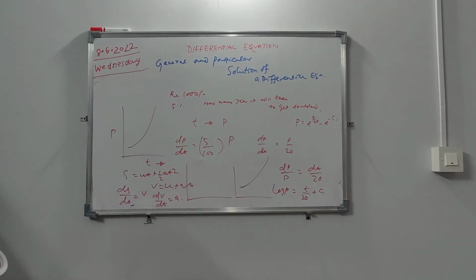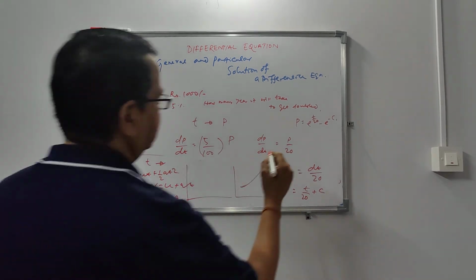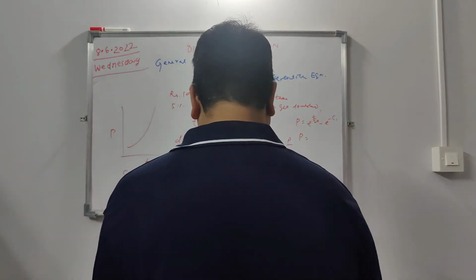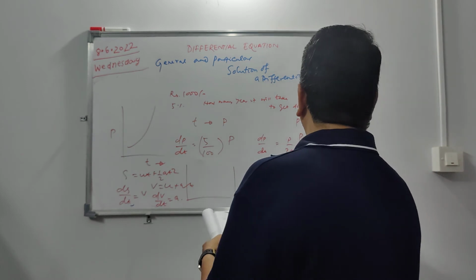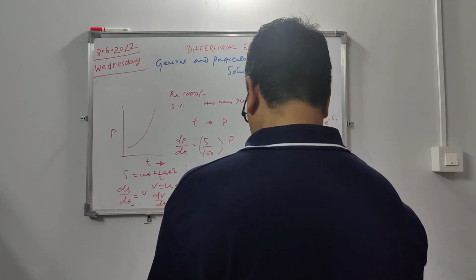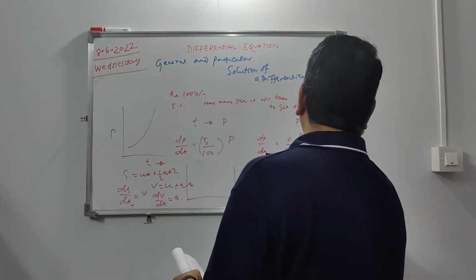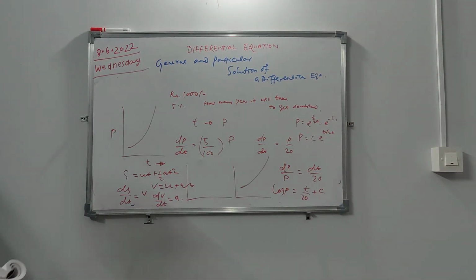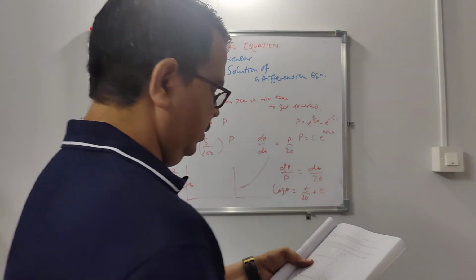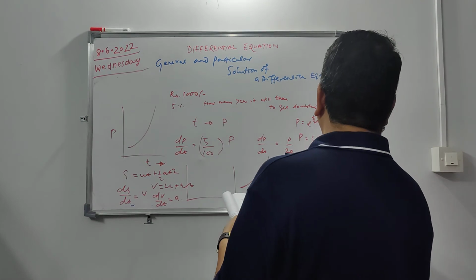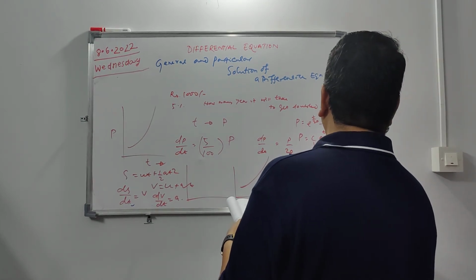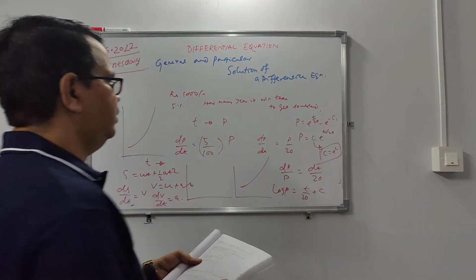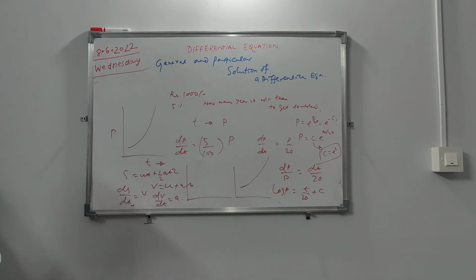Then p is equal to C e to the power t by 20. So this is the principal at any point of time, where this capital C is nothing but e to the power c1. So that is also a constant.